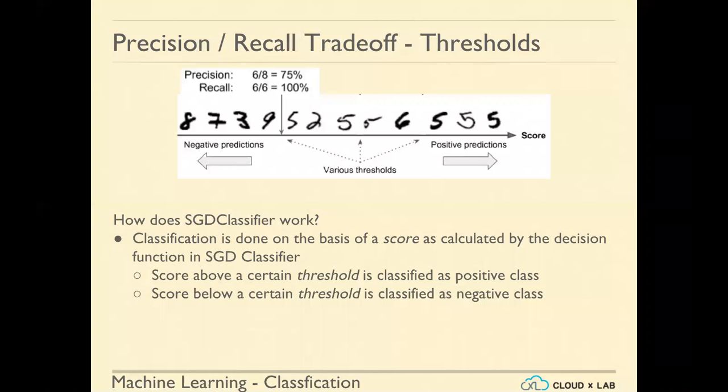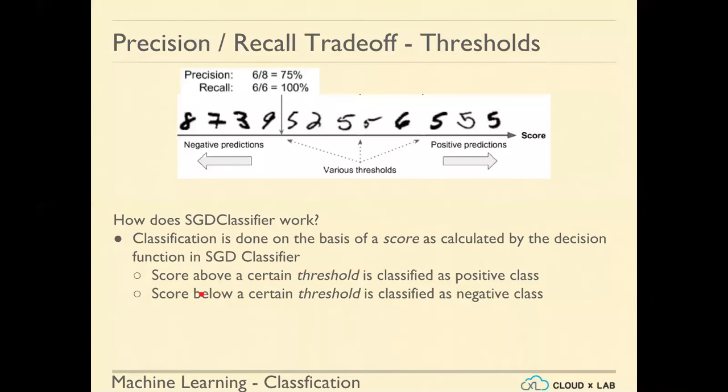The decision score was how far a particular reading or data point is away from the separating line. Okay, that was the decision function, the score.